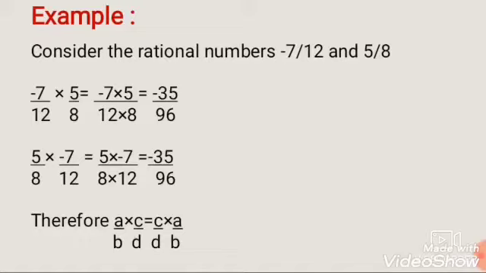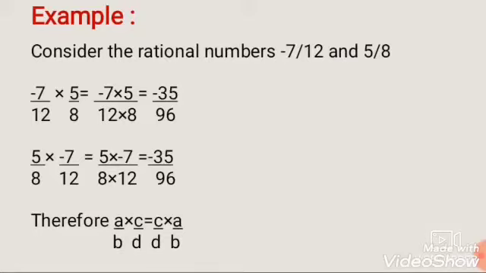Now let me consider first the LHS. The LHS is minus 7 divided by 12 into 5 by 8. So we get minus 7 into 5 divided by 12 into 8. Minus 7 into 5 is minus 35. Likewise 12 into 8 we get 96. So the LHS is minus 35 divided by 96.